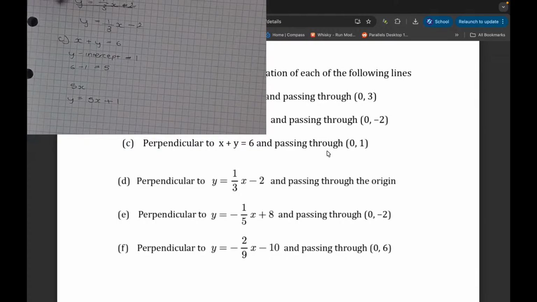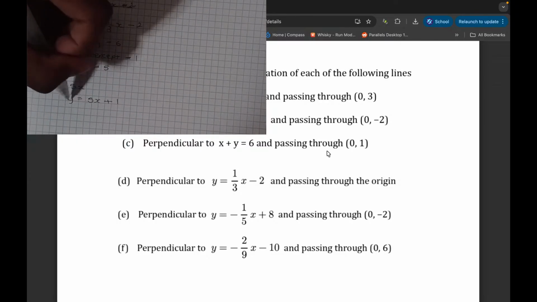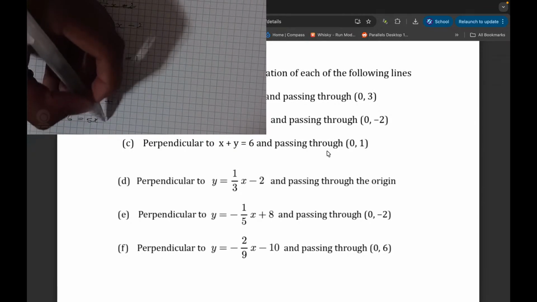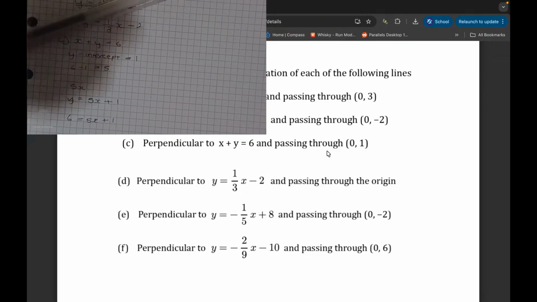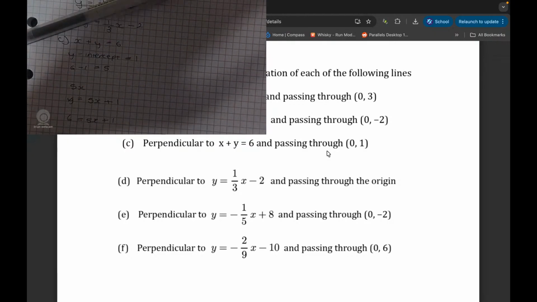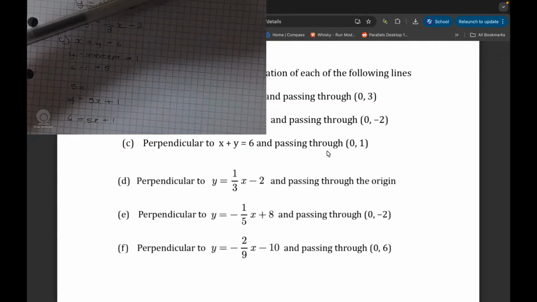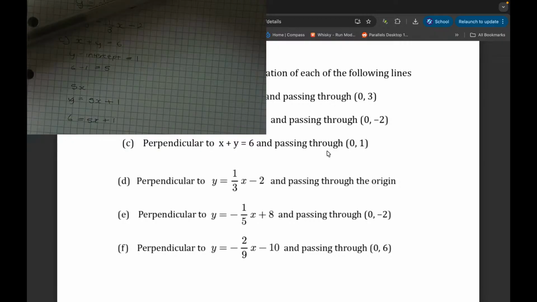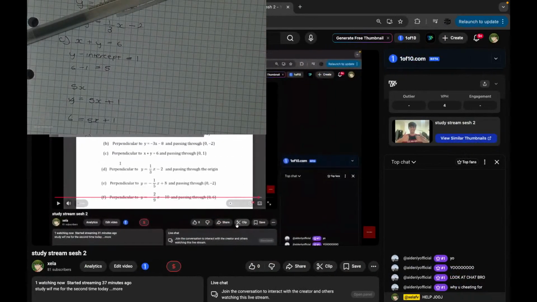Is that how we substitute it? Or, because we know it's that, we'll do just 6 equals 5x plus 1. Genuinely, what? There's that I just don't understand.